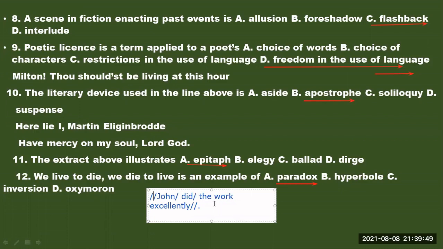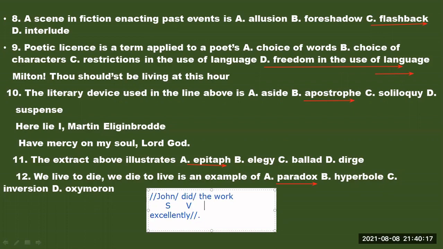Okay. Let me try to give some space. All right. So John is the subject here. Then let's look at did, which is the verb.